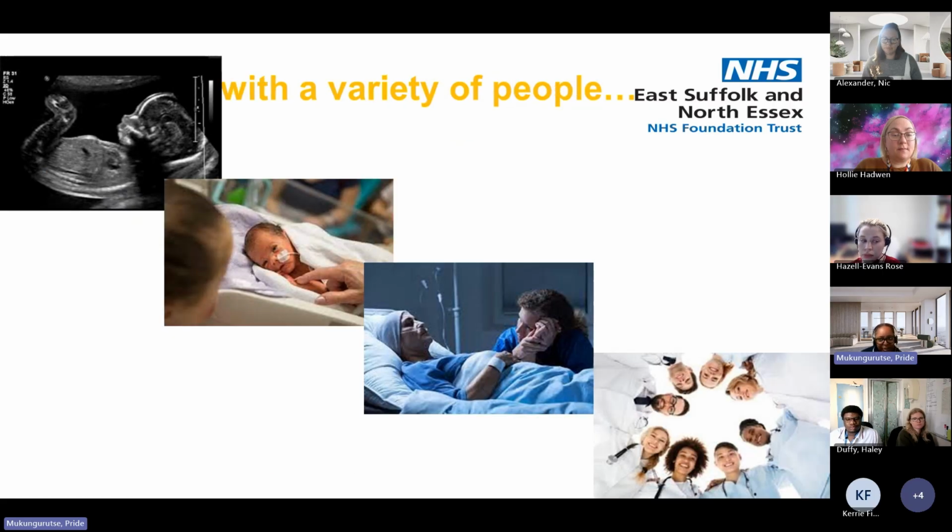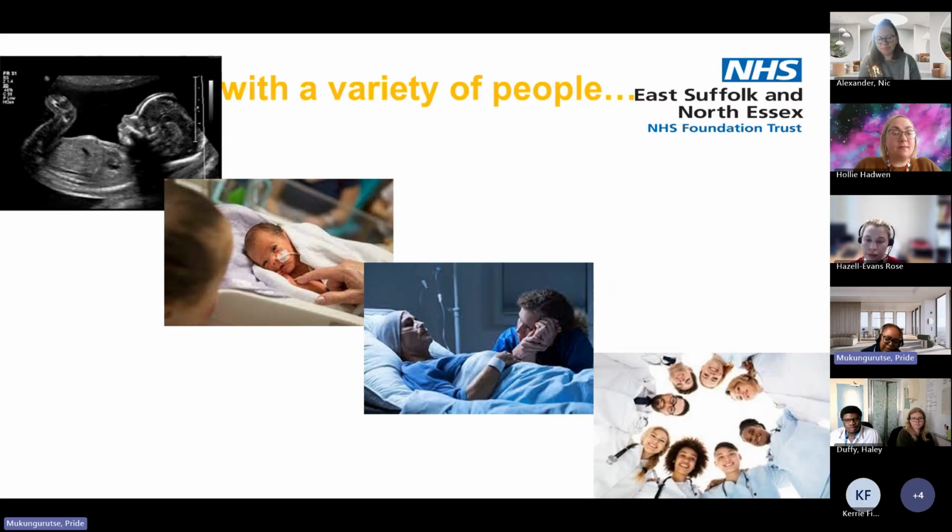We image a variety of people. I think Nick said in her introduction, within ultrasound, we can image patients from before they are born. We image newborn babies up to the elderly, even sometimes when patients are at end of life, or even during post-mortem, to find out the reasons why patients have died. And we work with a variety of other teams within the hospital as we tend to go around.